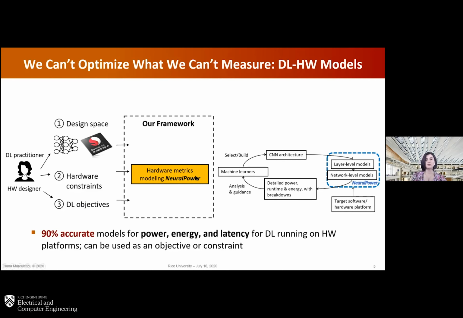NeuralPower allows you to accurately model power, energy, latency for deep learning models running on hardware platforms. And these can be used both as an objective and as a constraint. So you can use it as an objective when you want to minimize or maximize energy efficiency, or as a constraint when you want to find models that provide maximum accuracy but satisfy the hardware constraints.